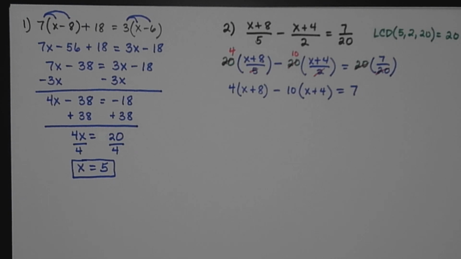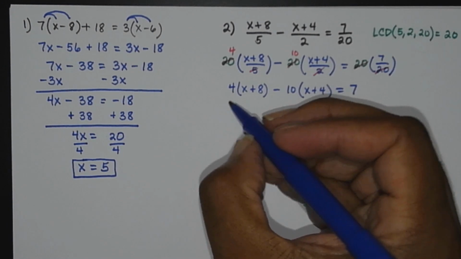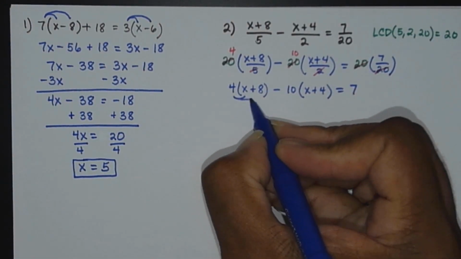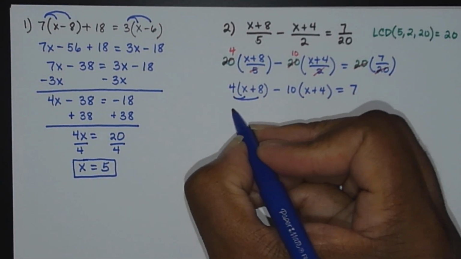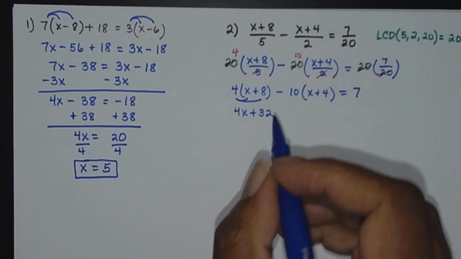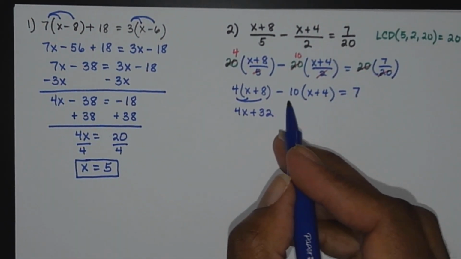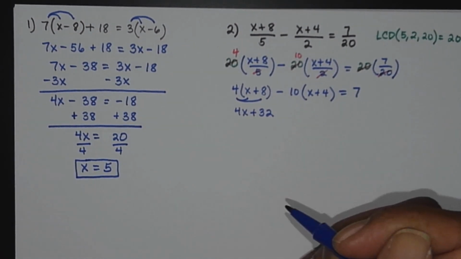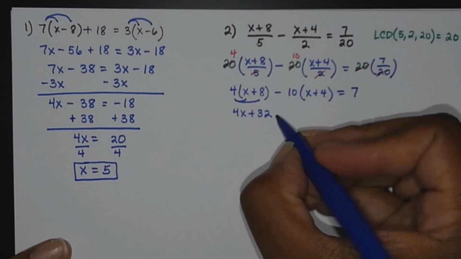And now we can distribute on the left side. So if I distribute the 4 over the x plus 8, what would I get? 4x plus 32. And be careful here when you distribute the minus 10 over the x plus 4. What will you get here?